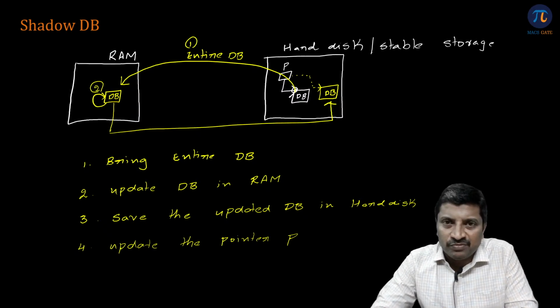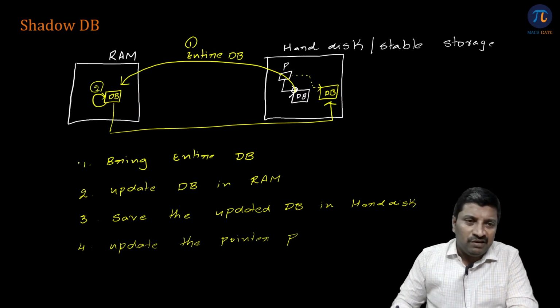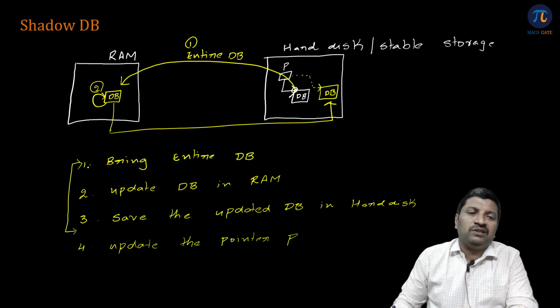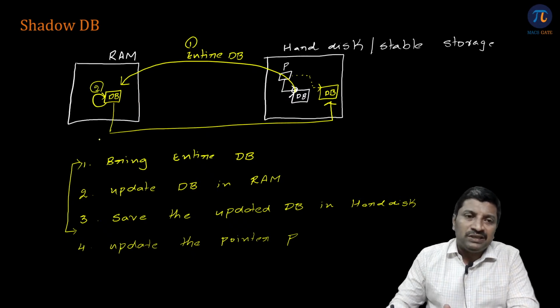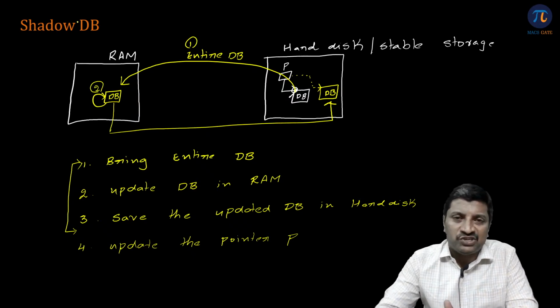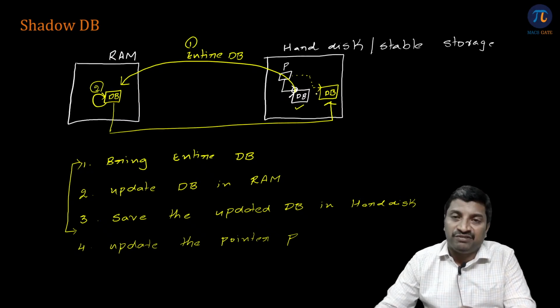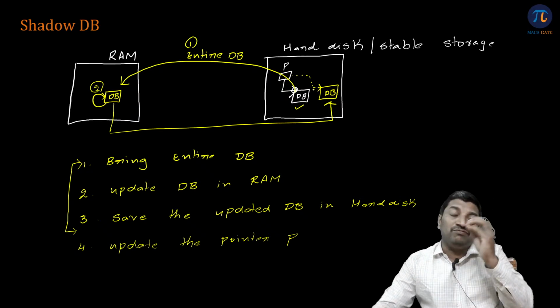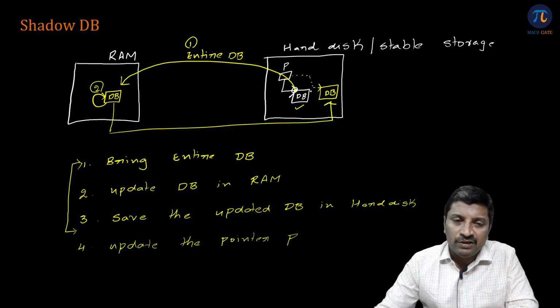This is the procedure. Suppose there is a failure. When we are in stages 1, 2, 3, then there is no loss. The data in the RAM will be crashed, but the original database will be in the hard disk, which is safe. That means we have done 0% of the transaction.